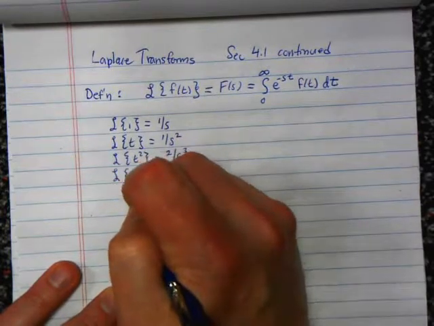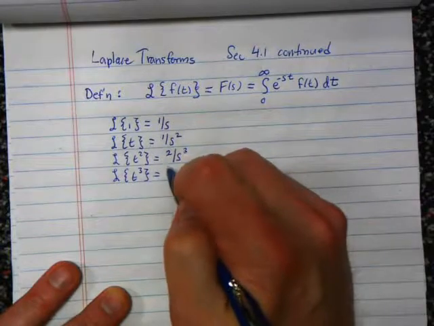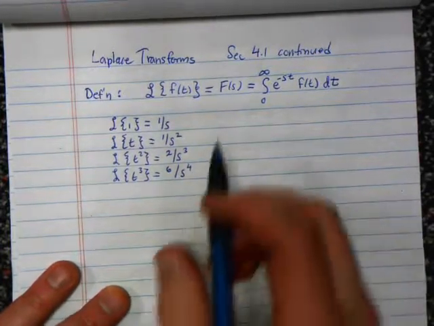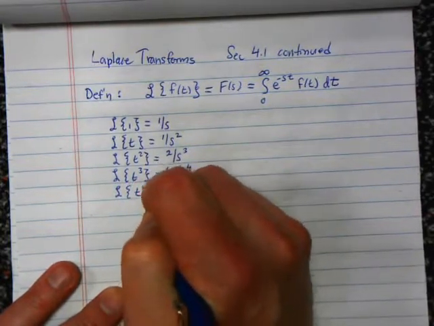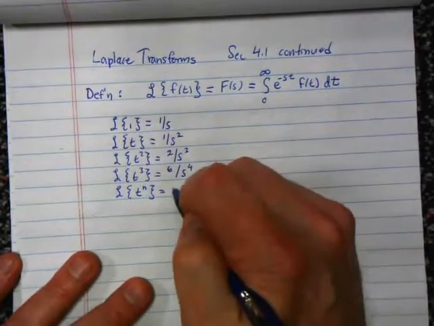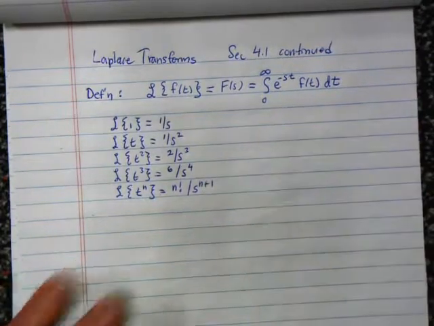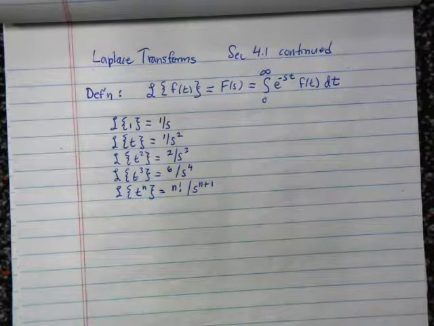The Laplace transform of t cubed, 6 over s to the fourth. And in general, the Laplace transform of t to the n was n factorial over s to the n plus 1. And that works as long as n is a positive integer, like 1, 2, 3, 4, 5.